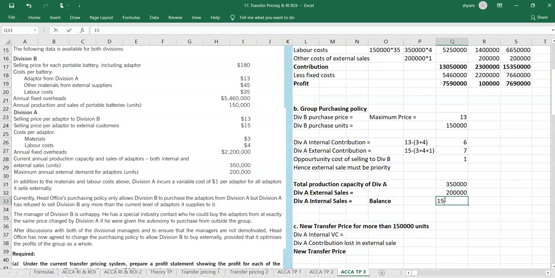So maximum they can sell to division B is 1,50,000 units, and they don't want to sell anything more than that.